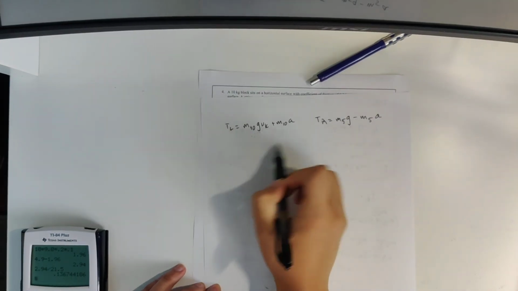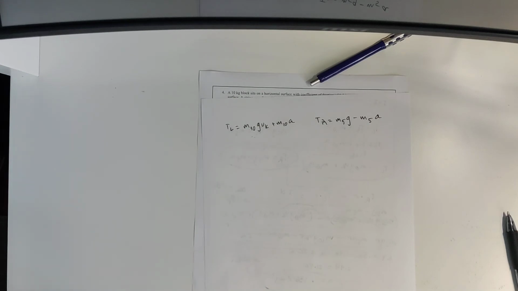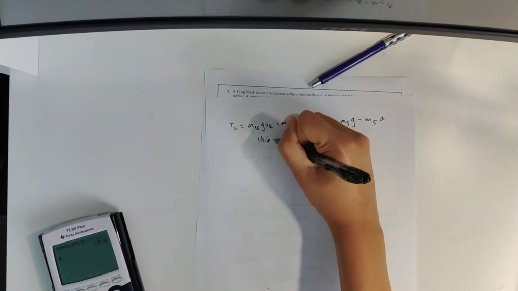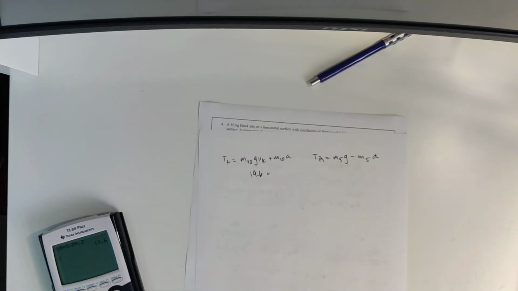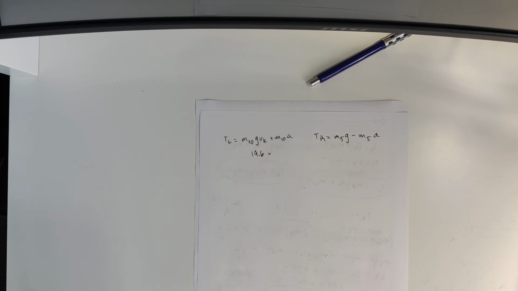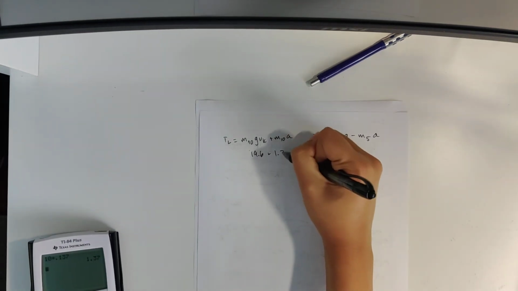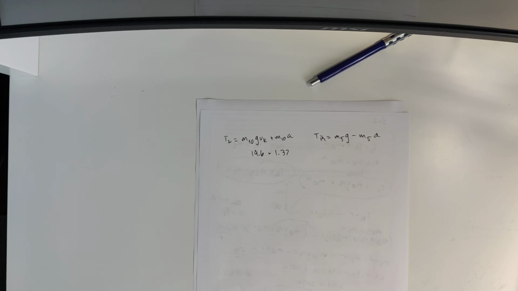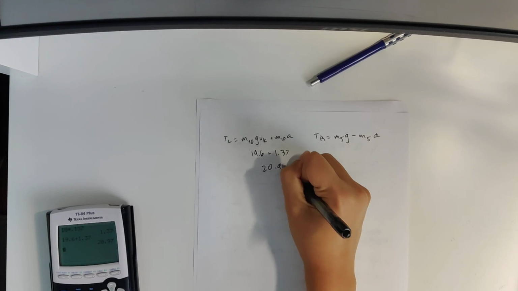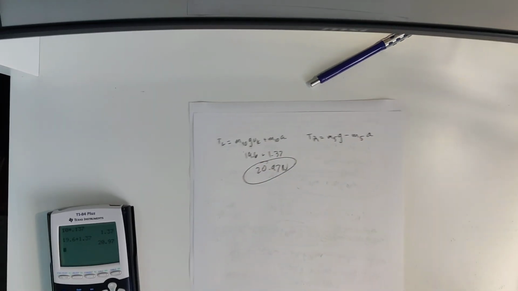So we already know all of this stuff, so it's just all plugging in. Your mass is 10 times 9.8 times your mu, which is 0.2. That gives you 19.6 plus 10, which is your mass, times your acceleration, 0.137, which is 1.37. So 19.6 plus 1.37 is 20.97 newtons, your tension for TL.